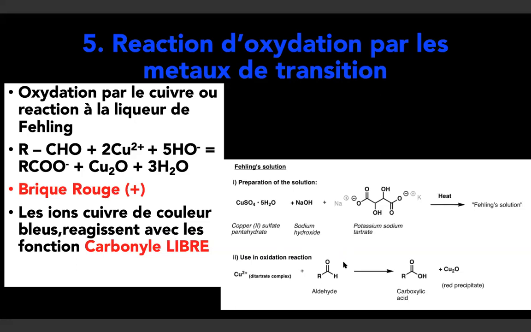It should be just free, the way you can see. Now this is where the mechanism of the reaction comes in, so that when this interacts with this complex ion, it's going to form a carboxylic acid.